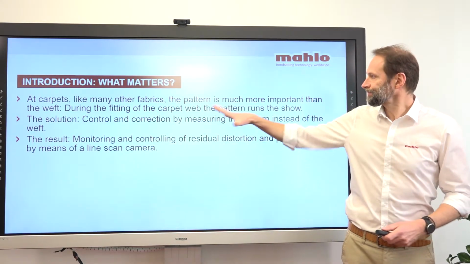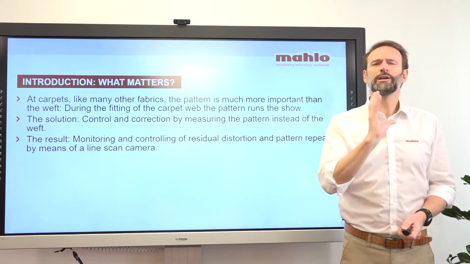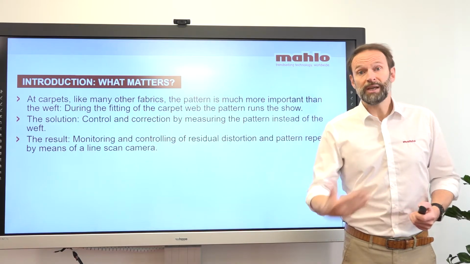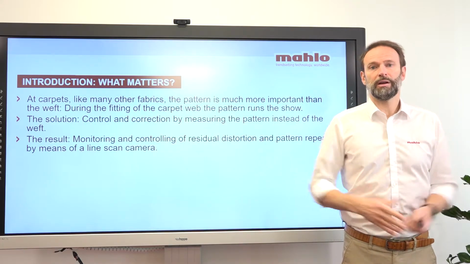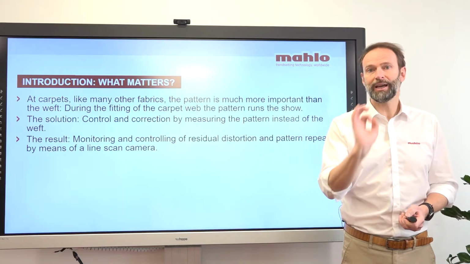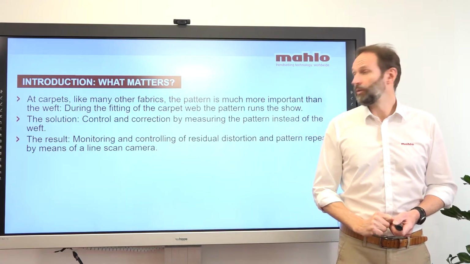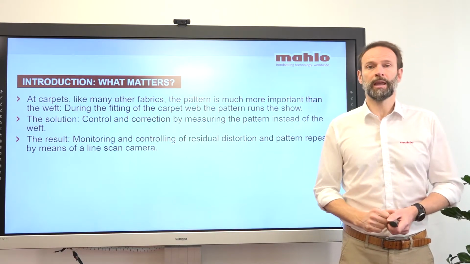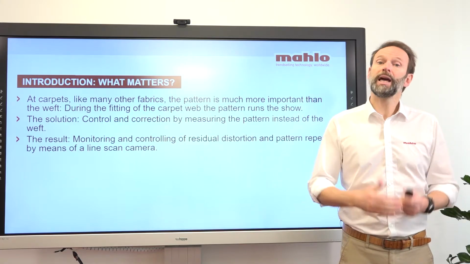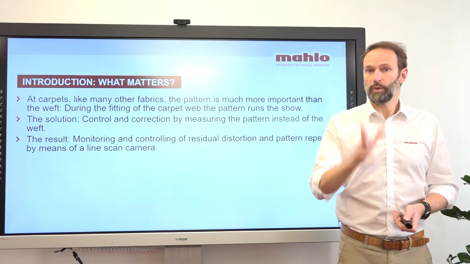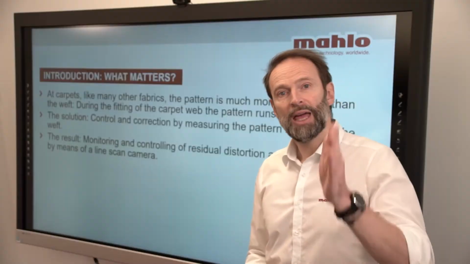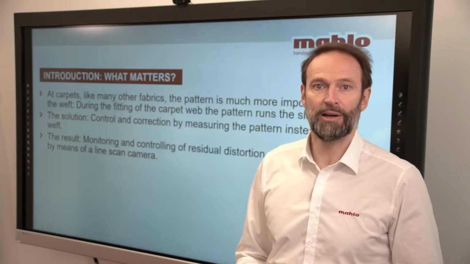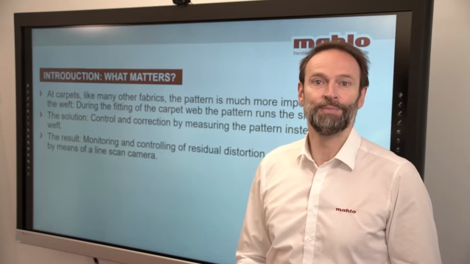And therefore, here the pattern is so important, much more important than the repeat or the weft density. Here the pattern is really running the show. We want to show you today how you can control the pattern and also the repeat length with our camera systems. And therefore we have a brand new technology with state-of-the-art cameras that I want to introduce today to you.